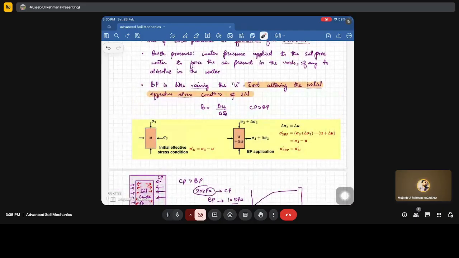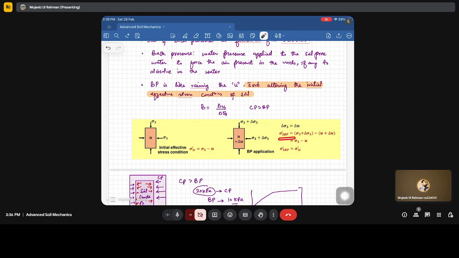Let's assume the initial effective stress condition is sigma 3 dash equals sigma 3 minus U, and once we apply the back pressure there is some generation of pore water pressure, and as per Skempton's equation, delta U is equal to delta sigma 3 for a saturated soil. Once the soil is saturated, whatever the change in the applied sigma 3, it should reflect in the delta U.